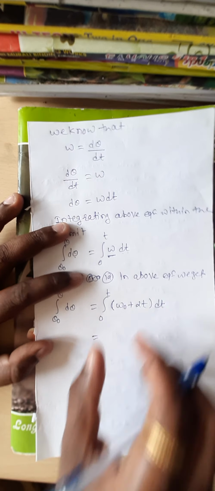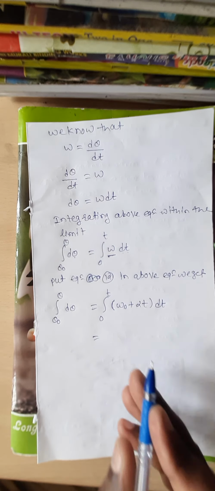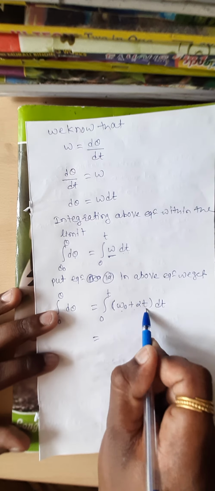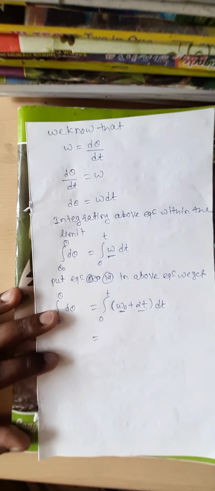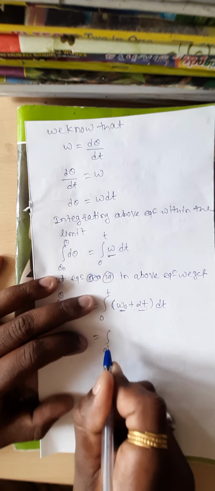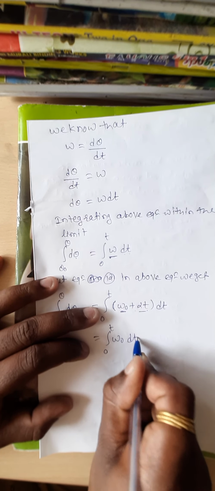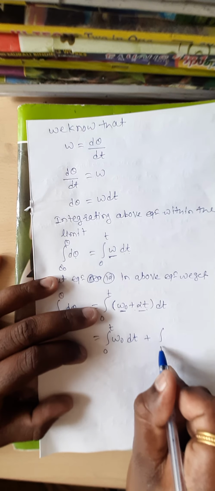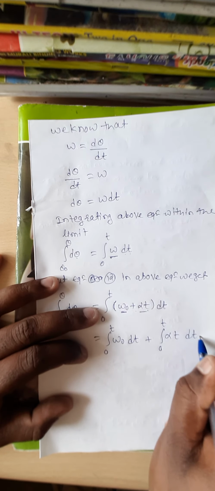Now we have to split up this integration. We know the rule: integration of first function a plus second function b is equal to integration of a plus integration of b. Therefore this is nothing but integration from 0 to t of omega naught into dt plus integration within the limit 0 to t of alpha into t into dt.